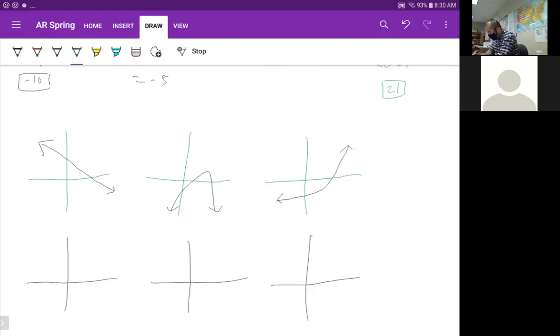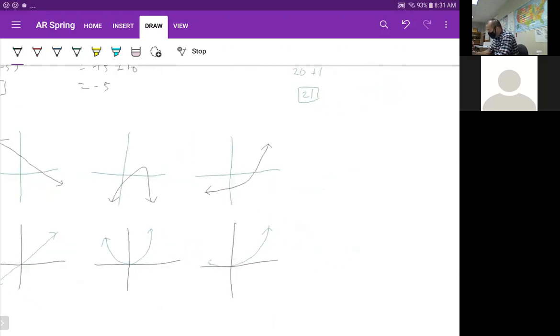So the parent function for this is a linear function. So the linear function, the parent function looks like this. Quadratic looks like this. And then exponential looks like this. So even though it's shifted and looks a little bit different, these are transformed. And then these are the parent functions.